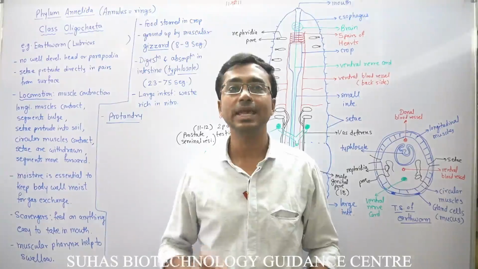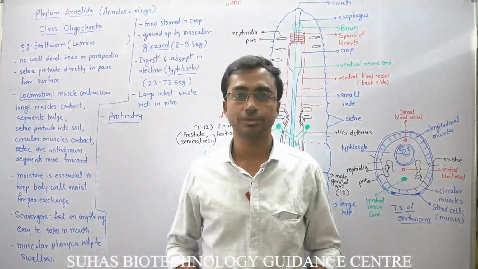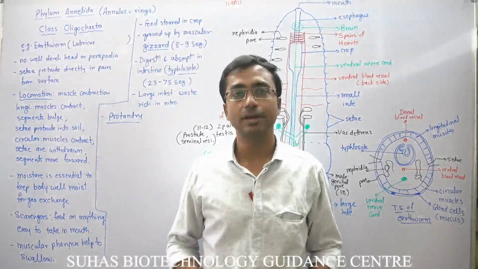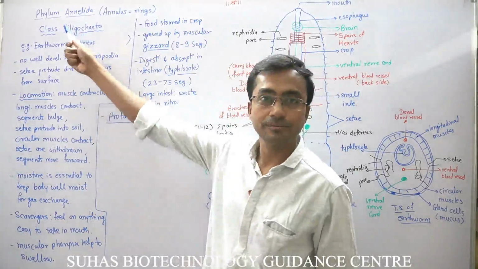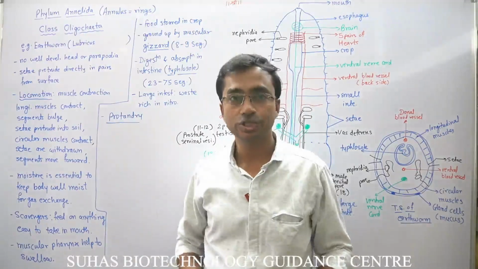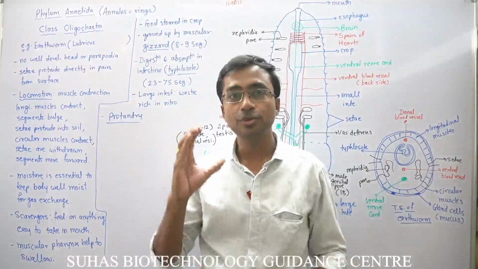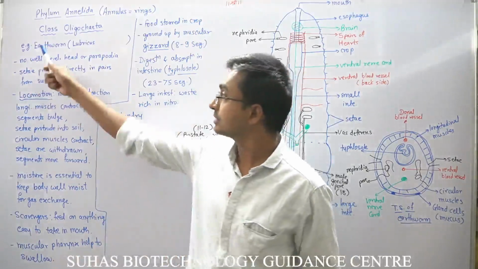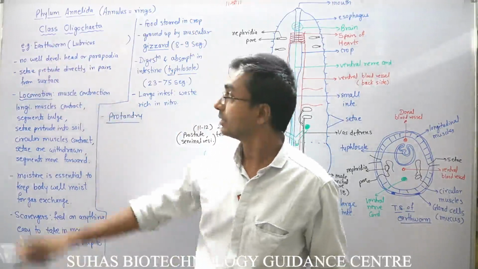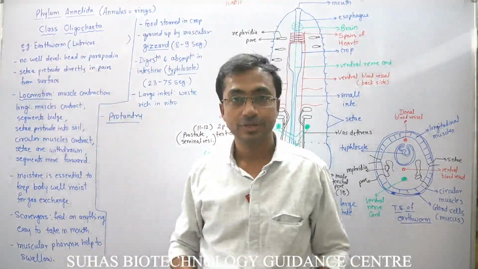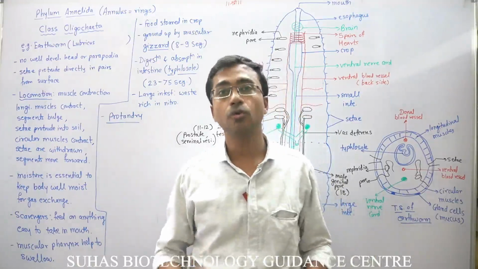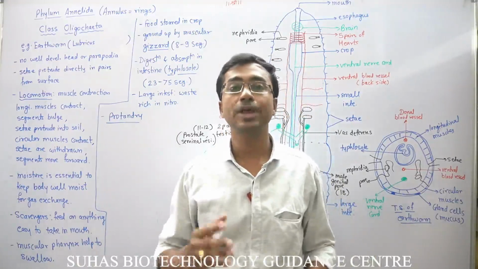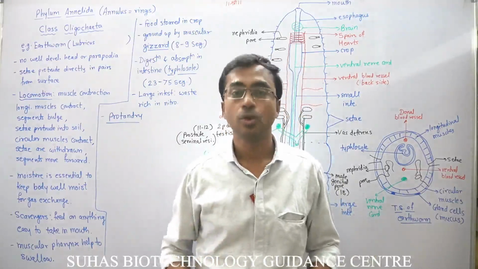The next most important class in phylum Annelida is class Oligochaeta. When we talk about Oligochaeta, the most important example is the earthworm, Lumbricus. We are well familiar that the earthworm is called the friend of the farmer. Why?